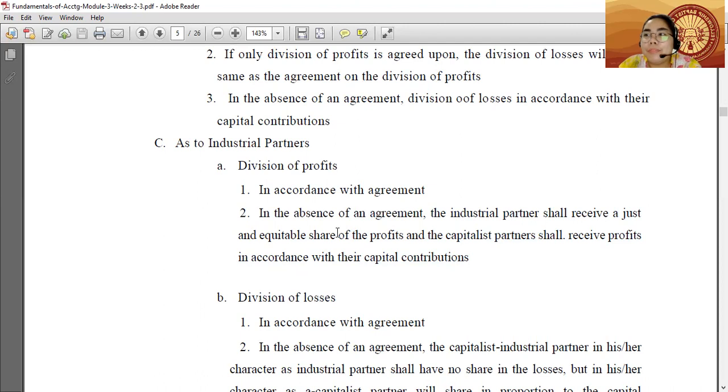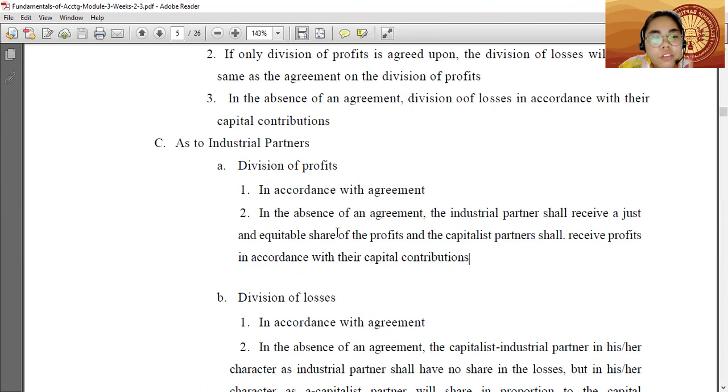If there is a gain and the partner worked hard for the partnership, the other partners will give him a just and equitable share in the profits.